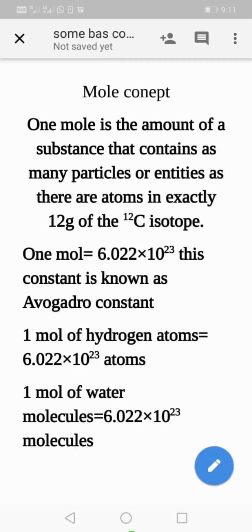For whatever compound, if you are taking the molar mass of a substance, what do we mean by molar mass? We have learned about molecular mass. Molecular mass and molar mass are slightly different.